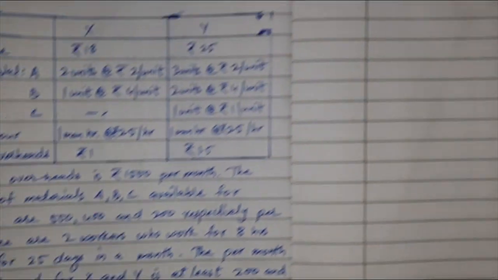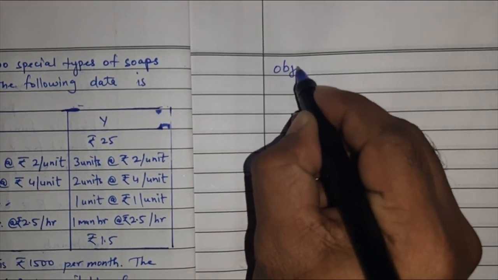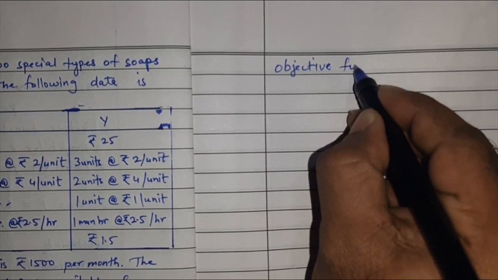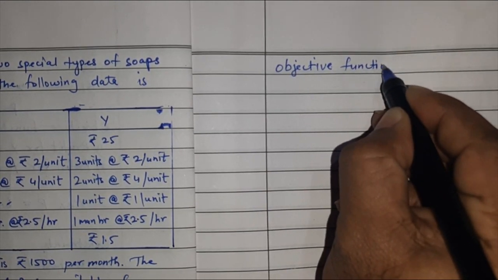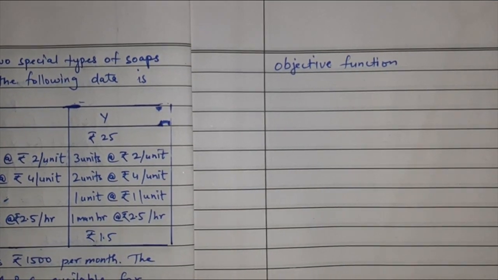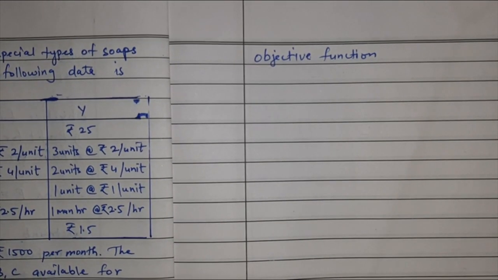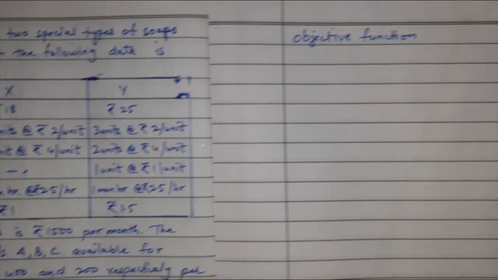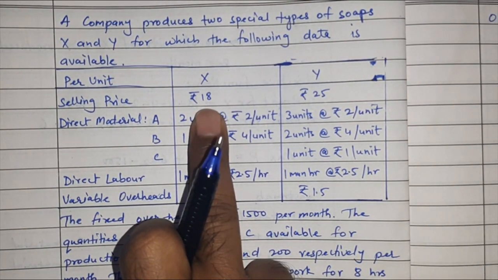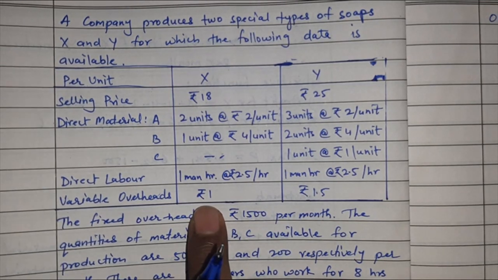So let me write it here. Okay. In the objective function, we need to first of all calculate the profit. So to calculate the profit, let us go back here. We have been given the selling price as 18, okay, and these are my cost which is involved.